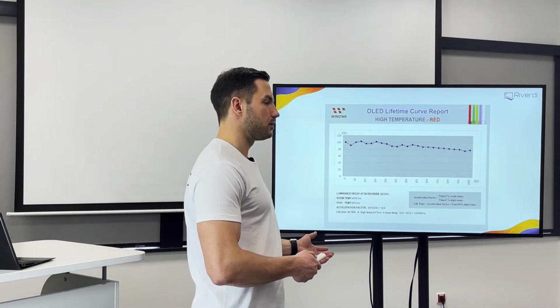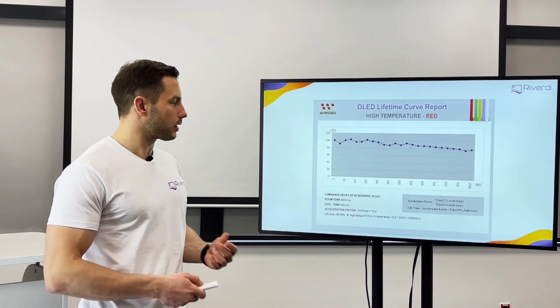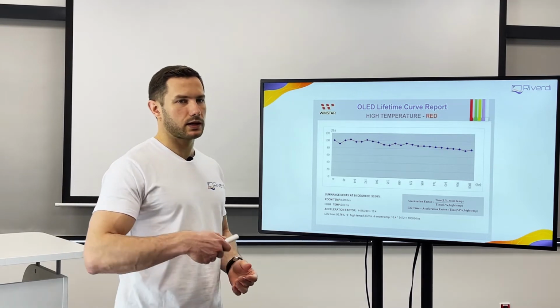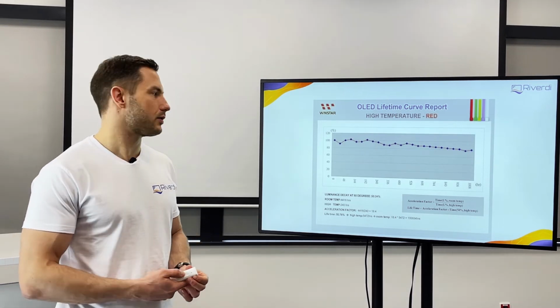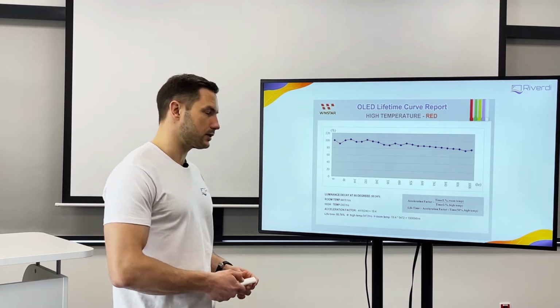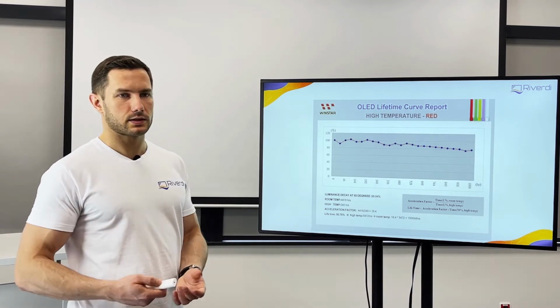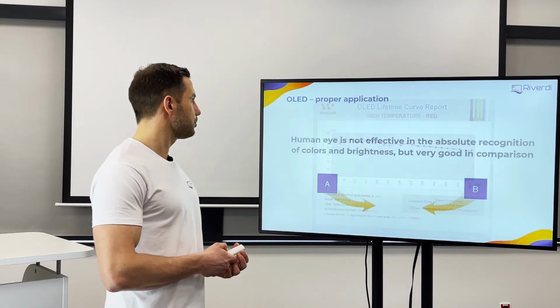It's like 15 years of continuous 24-hour work. If we sometimes switch off our display, which is a normal use case in most industrial applications that do not require 24 hours, we can expect this display to work very long, even over 15 years. So I would say that lifetime nowadays with a good manufacturer like WinStar is not the case anymore.